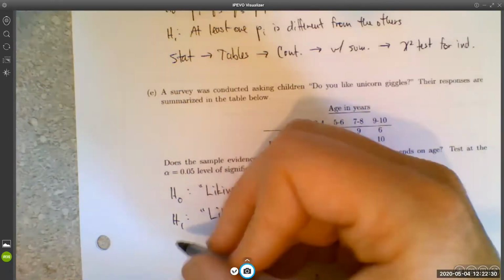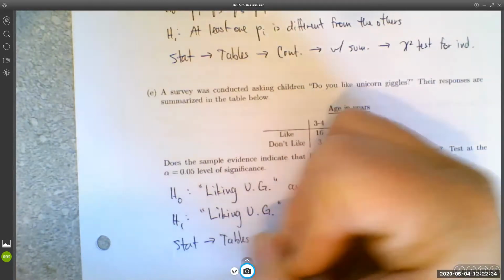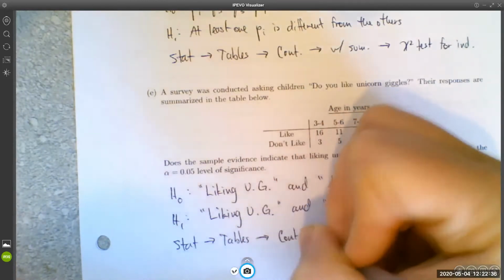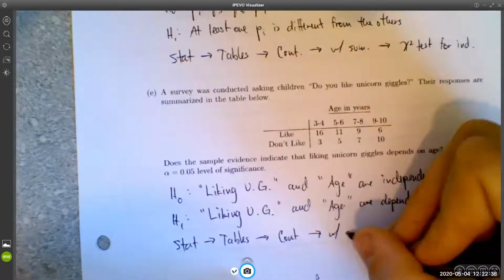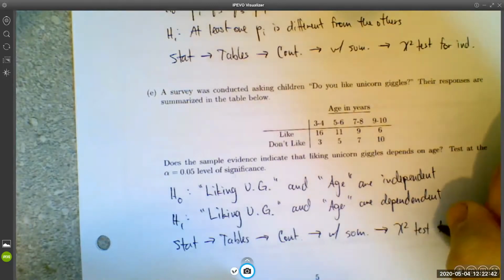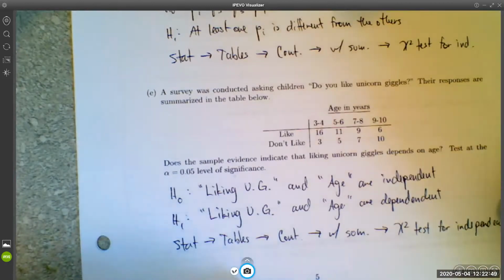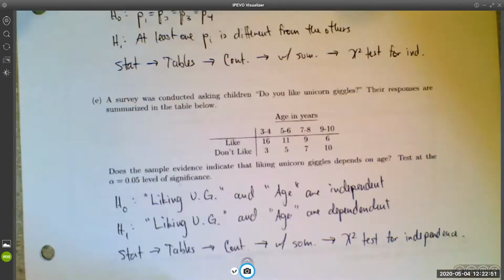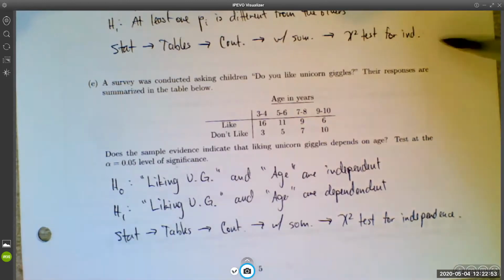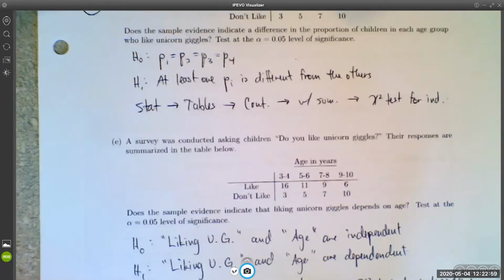Now then, to run the test, it's Stat, Tables, Contingency with Summary, and chi-squared test for independence. So it's just exactly the same as what we wrote down on the previous one. The StatCrunch prompts anyway are exactly the same. It's just you state the null and alternative hypotheses differently. Okay, that's the only difference there.